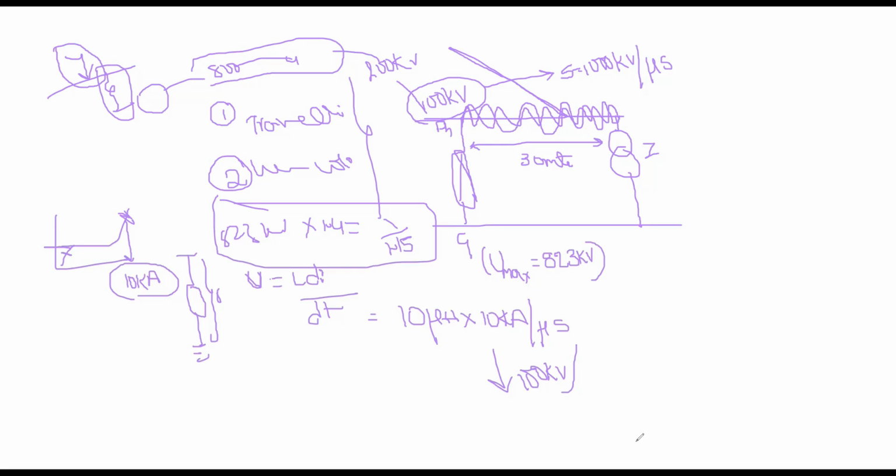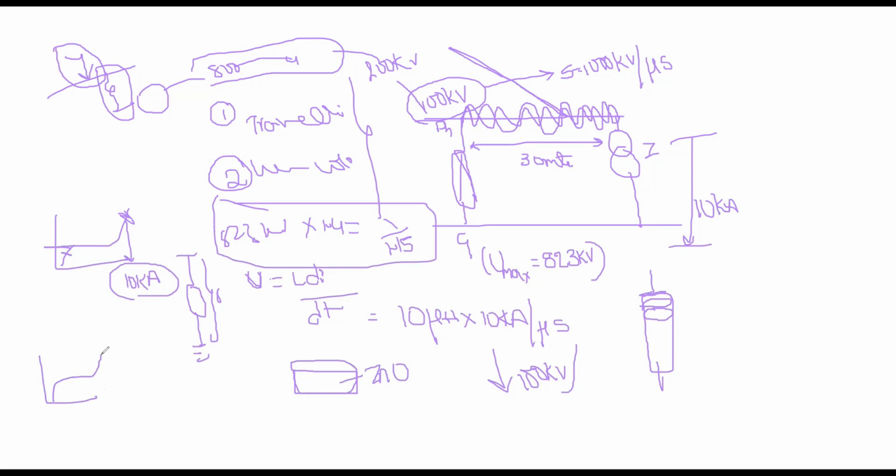In a simple way, suppose I am sending 10 kiloamps of current through this lightning arrestor. Inside the lightning arrestor you can see metal oxide resistor blocks. These metal oxide resistors are nothing but ZnO blocks, zinc oxide blocks, which have nonlinear characteristics.